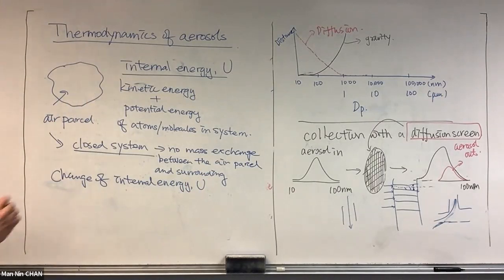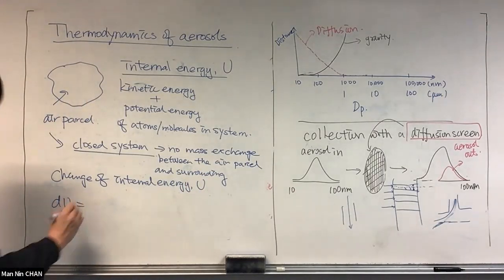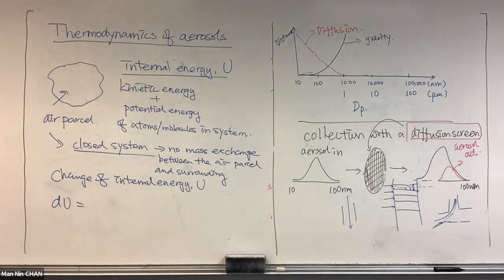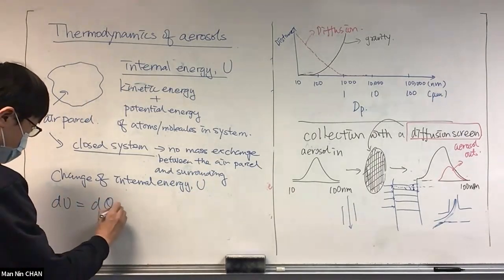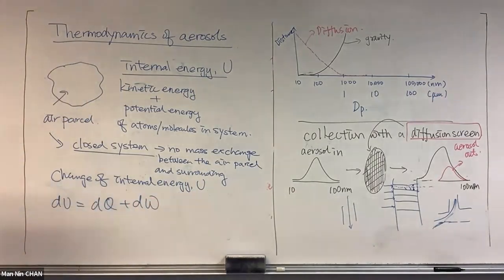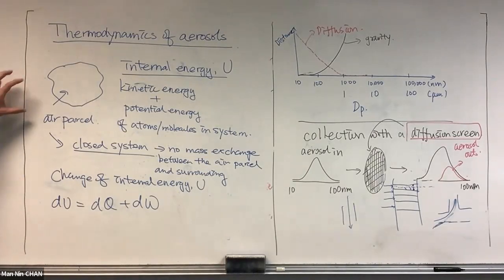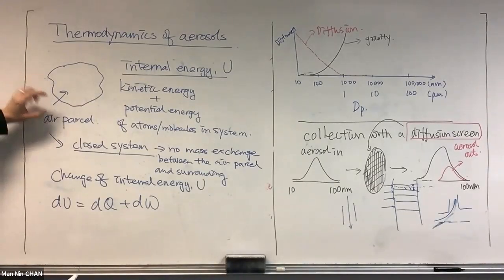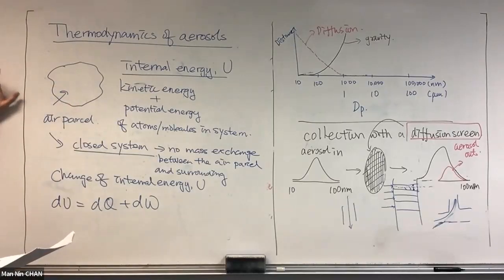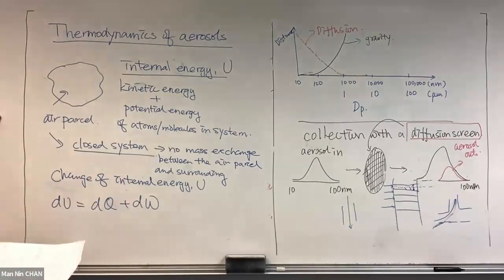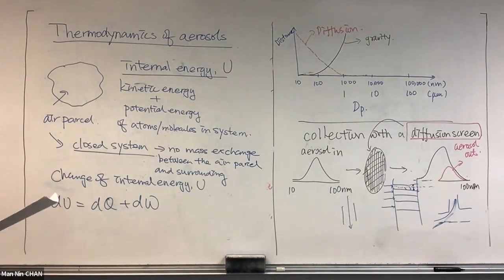The change in your internal energy has two processes: dq plus dW. dq is the amount of heat absorbed by the system, and W is the amount of work done onto the system, or onto the surroundings, it depends.